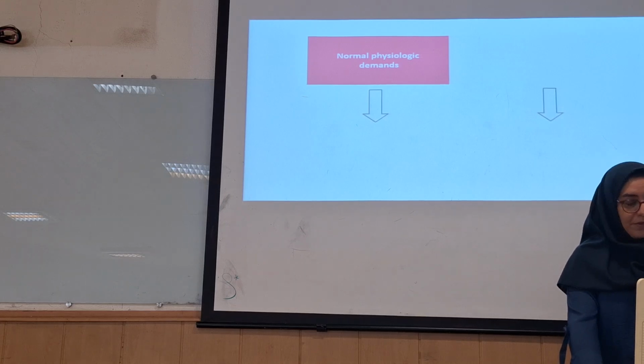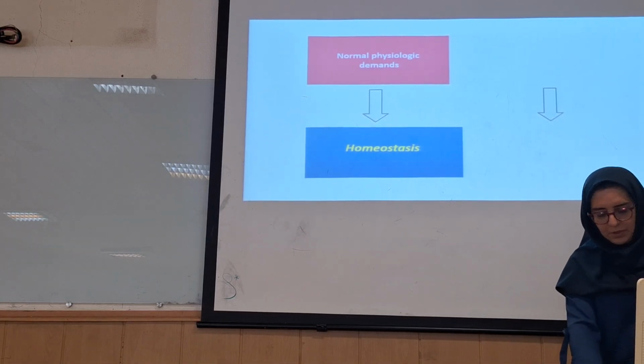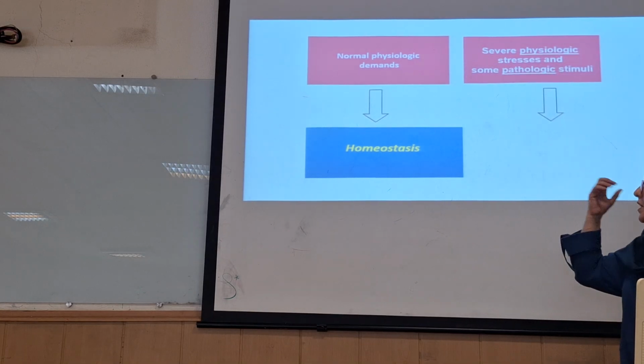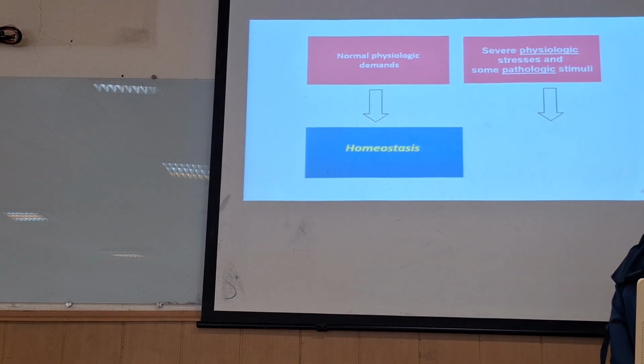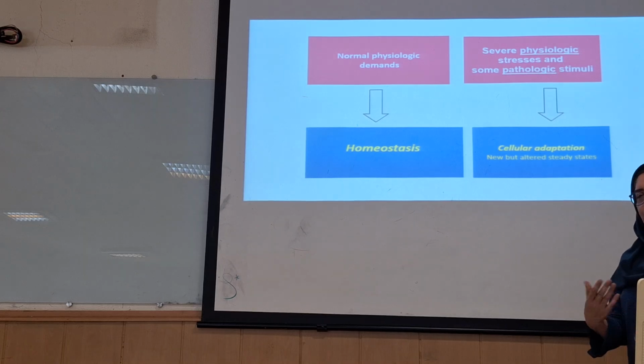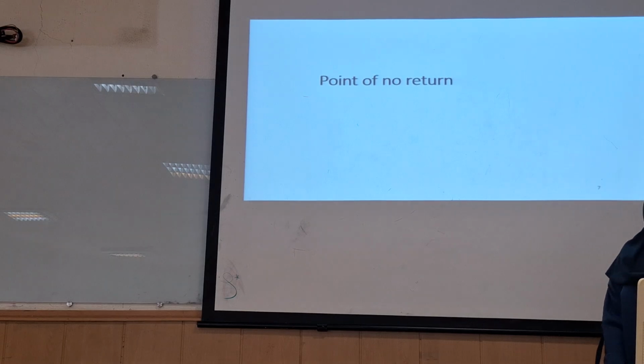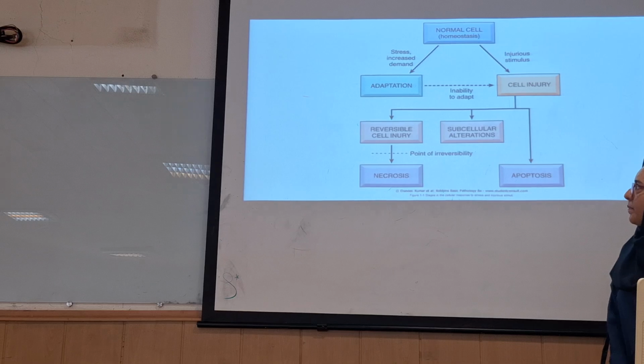When we have normal physiologic demand, we have homeostasis. But when we have severe physiologic demand or pathologic stimulus, we first have adaptation. If adaptation is not possible, cell injury occurs. After adaptation, reversible injury, then the point of no return, and irreversible injury occurs.